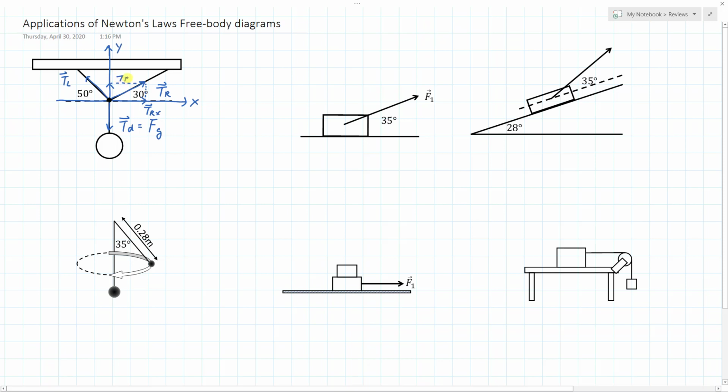This is TRY. And we'll do the same thing for the TL, the left tension. TLX. And this has TLY. So now we have a complete free body diagram.